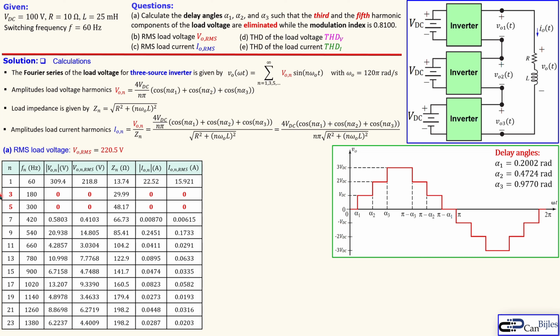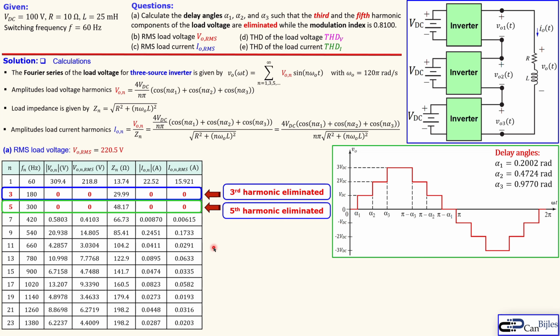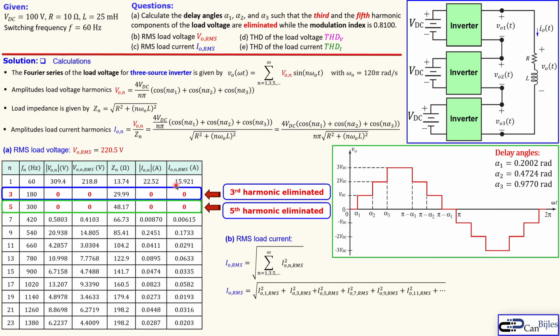And what you see is interesting is, again, the third and the fifth harmonic are gone. Third harmonic is eliminated and the fifth harmonic is eliminated. Then the RMS load current will be given by this expression. You don't have any average value of the load current or load voltage, so this is only the harmonics, only also the odd harmonics. Okay, then we need to look at the odd harmonics. That's the first one here, third, fifth, seventh, and ninth, etc. So I go here and actually to infinity.